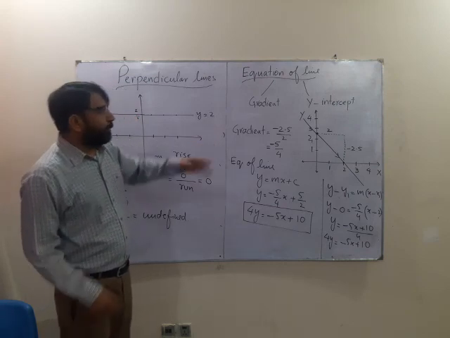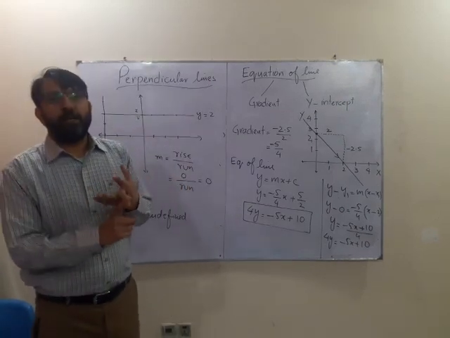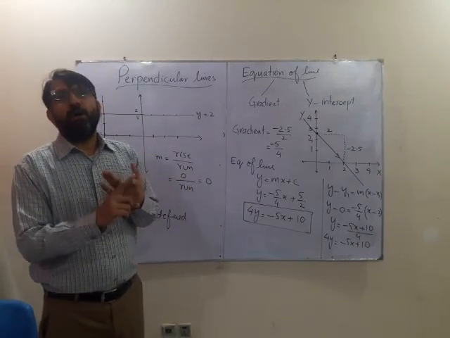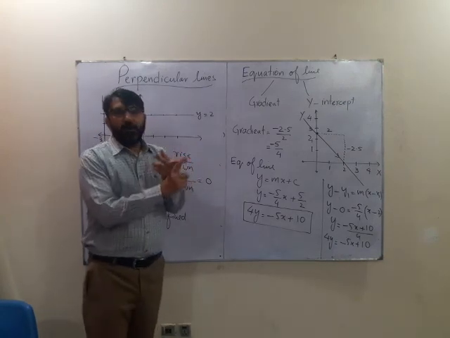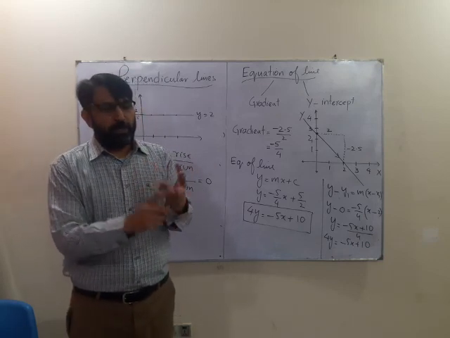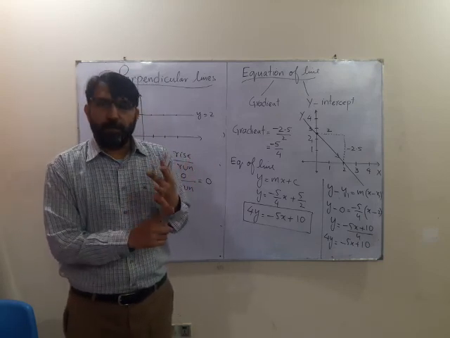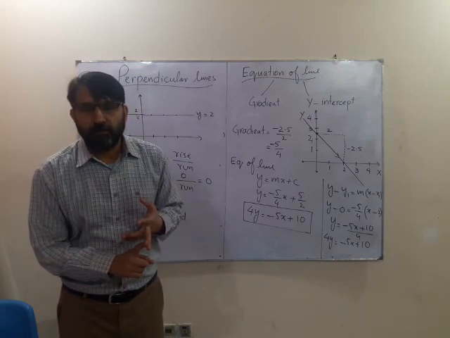We may be using perpendicular lines, parallel lines, or the equation of a line. In all these circumstances, the basic idea is how to use the distance formula, midpoint, gradient, equation of a line, perpendicular lines and parallel lines.